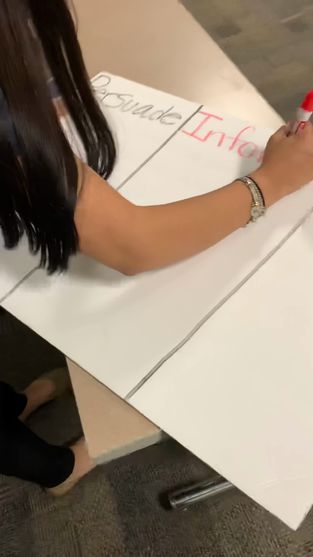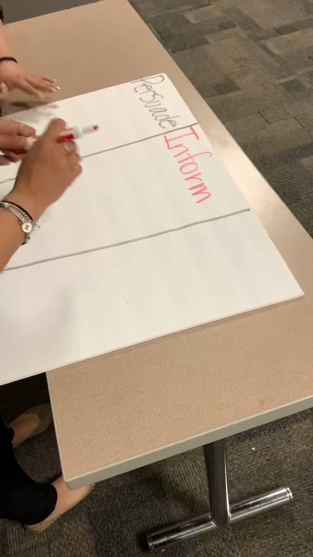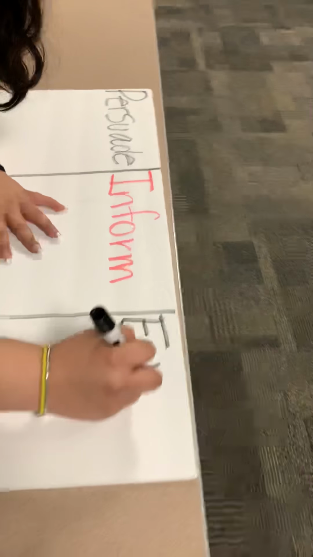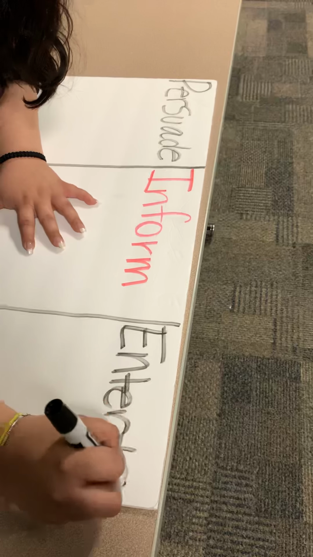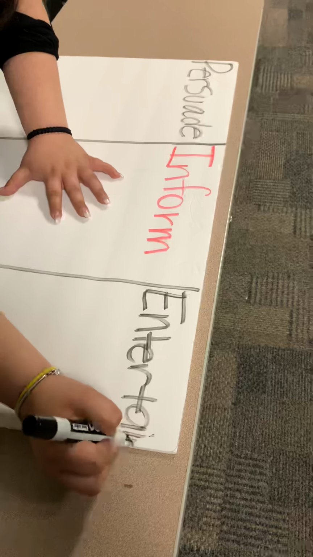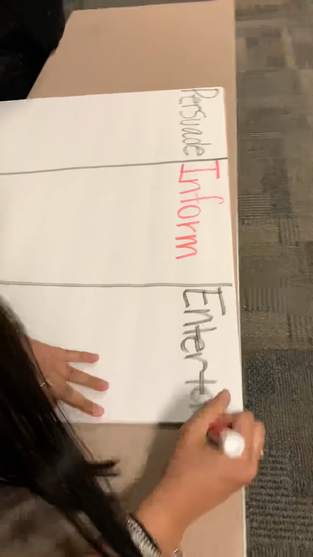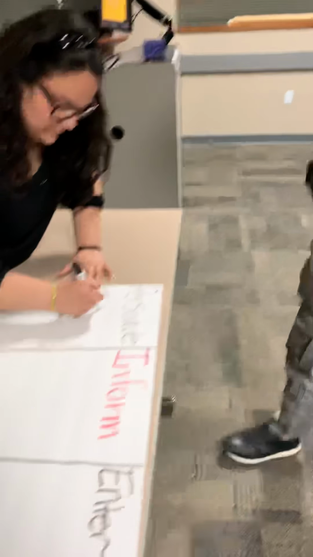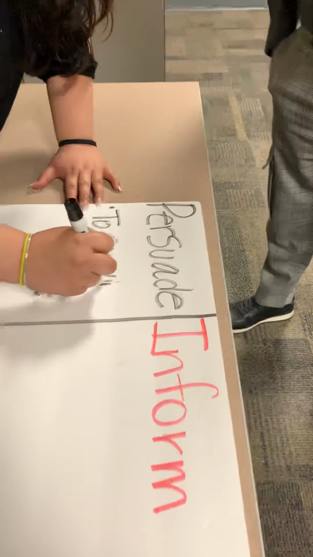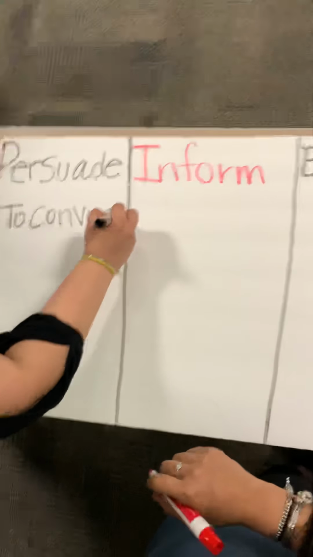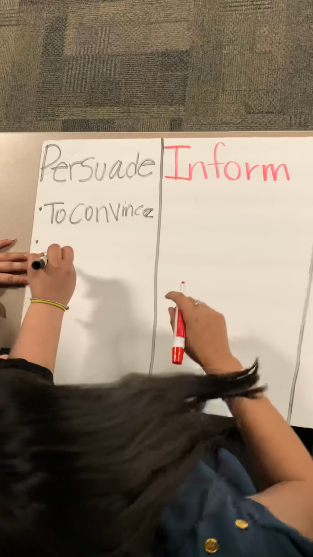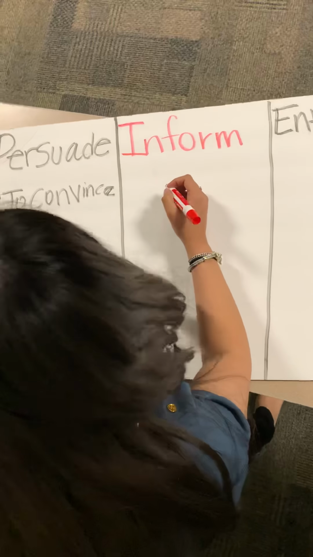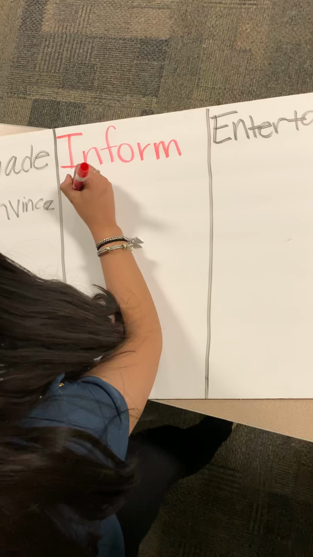The author's got to have a purpose, got to have some mind. Persuade, inform, entertain. Don't forget to have some mind. Sorry. So to persuade Today I'm gonna write something, but I'm not sure what to say.